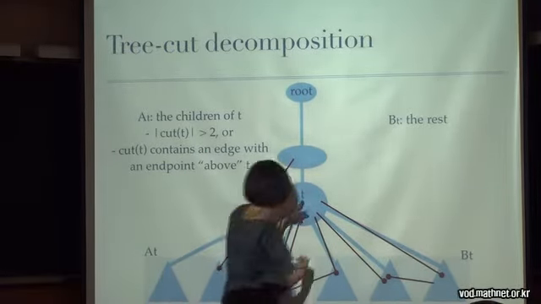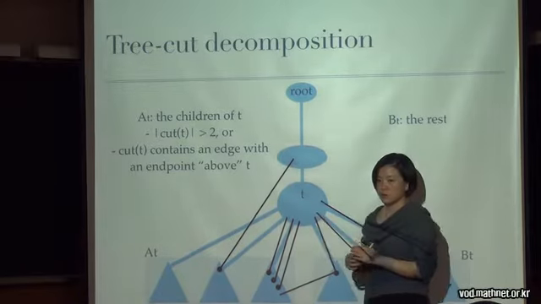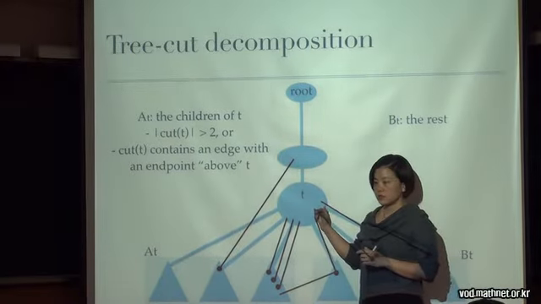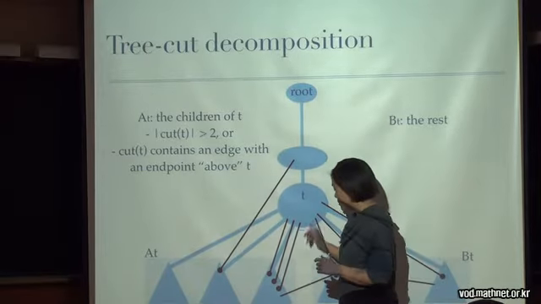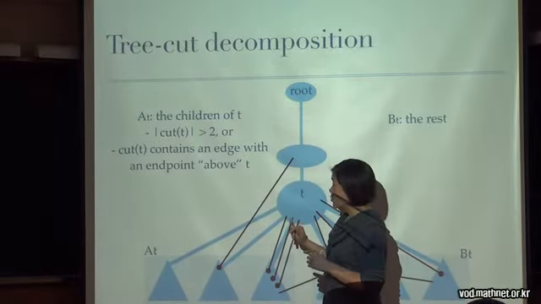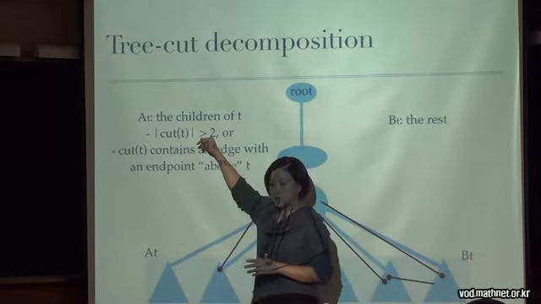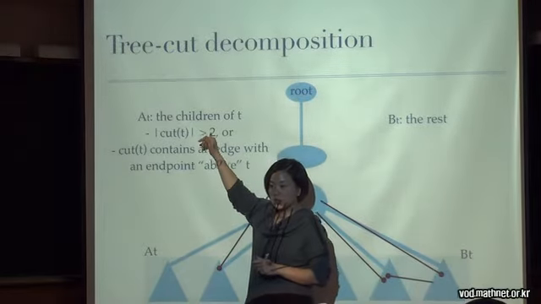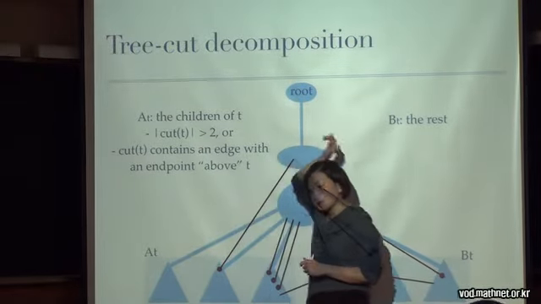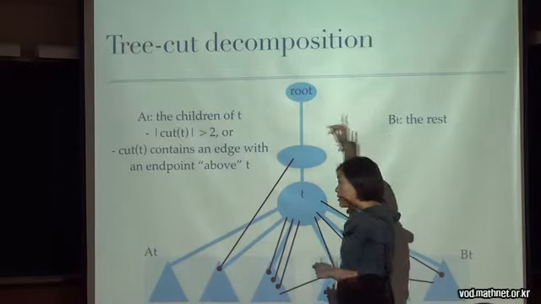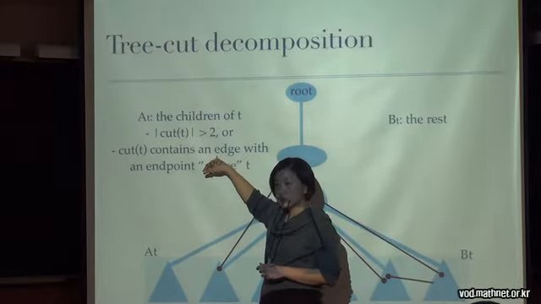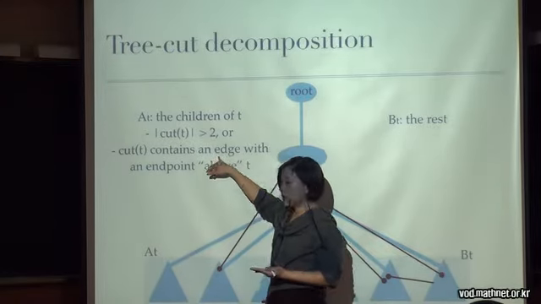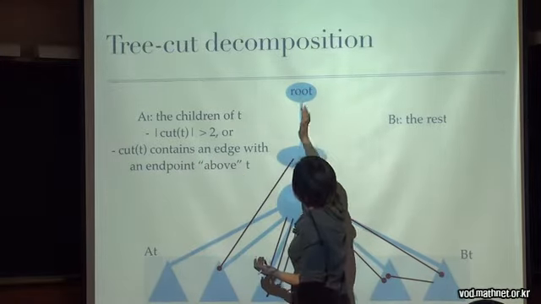Because of the torso size at T. The torso size at T is the size of the vertex set here plus the number of children that satisfy this criterion, so it should be at most K. And the number of children that satisfy the second criterion should be at most K because of the cut size here.